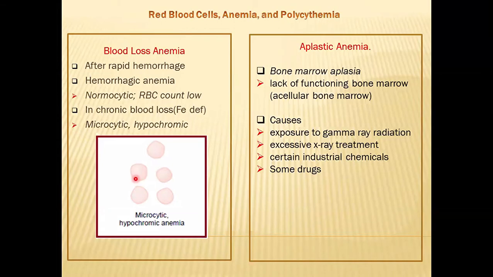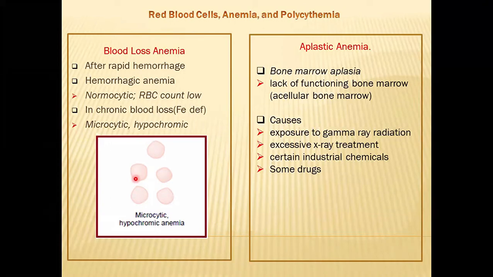Anyway, it does not happen right after taking the medicine. Probably prolonged use of that particular drug that has a detrimental effect on your bone marrow can cause it, so do not self-medicate. Tell your patient to consult a doctor, consult a physician, because there are certain antimicrobials that may cause aplastic anemia. So evaluate the patient first.